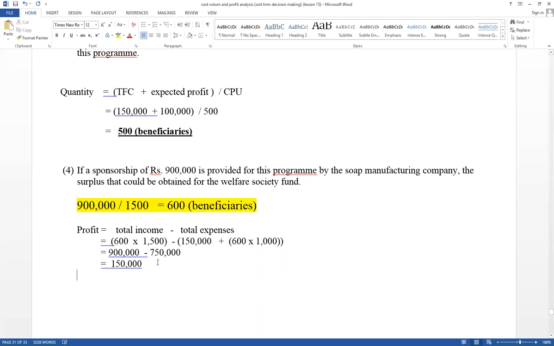It can also be applied as total contribution minus total fixed cost. Think about the quantity of 600, and we know the contribution per unit, minus total fixed cost. Right, second equation: profit equals total contribution minus total fixed cost.